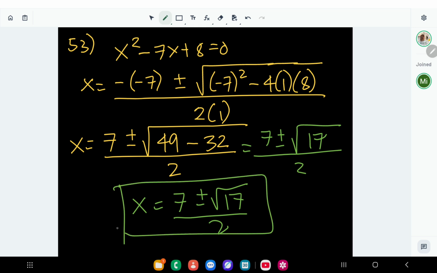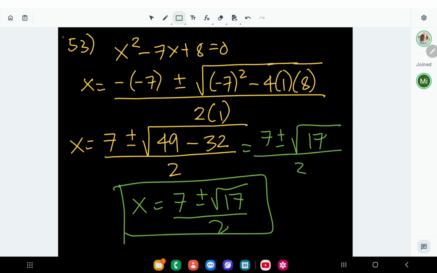So this is the final answer. You got it? No questions on this? You cannot simplify further, because there's nothing there. 7 is an odd number, so you can't divide it by 2.